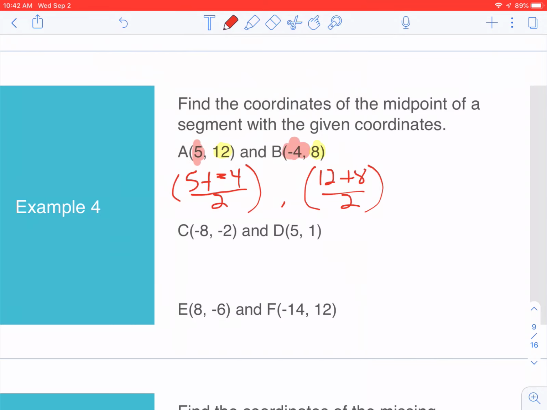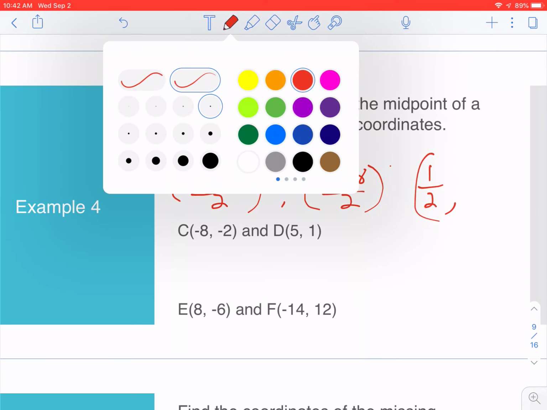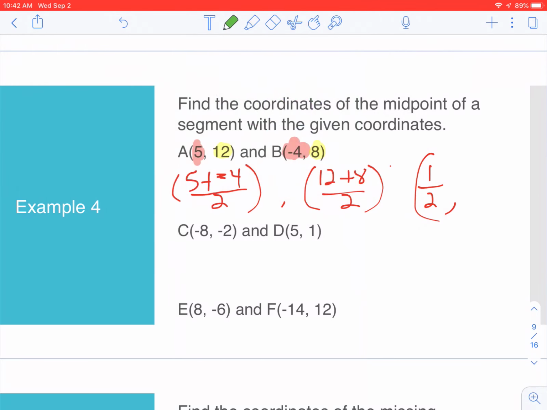If I solve 5 plus negative 4, that's 1 over 2, 1/2. 12 plus 8 is 20 over 2, and when I divide that out, I get 10. So my midpoint is 1/2 comma 10.